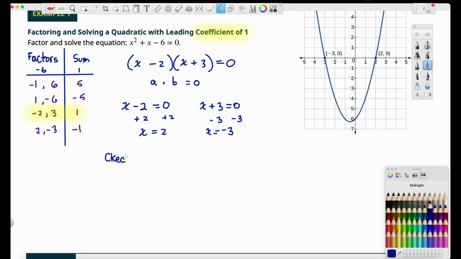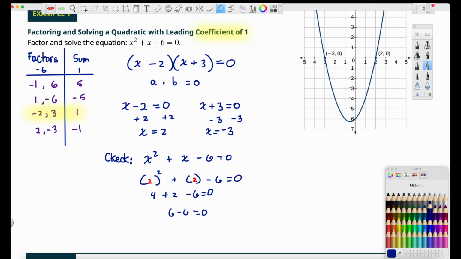So let's check that. I'll check a couple of these. It's always good to check. We're going to substitute 2, and we're going to substitute in -3 for x, and we're going to make sure that it satisfies the equation. 2 squared is 4, plus 2, minus 6. 4 and 2 is 6. 6 minus 6 is 0. This works.